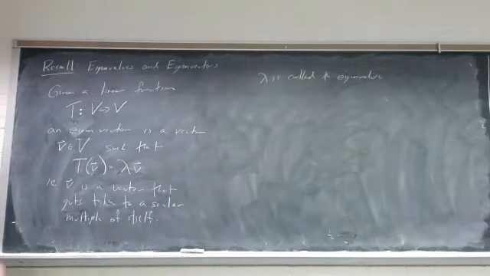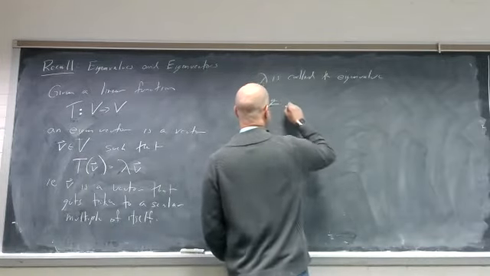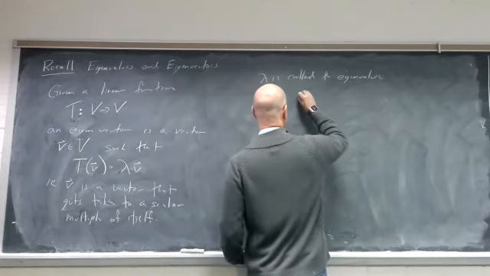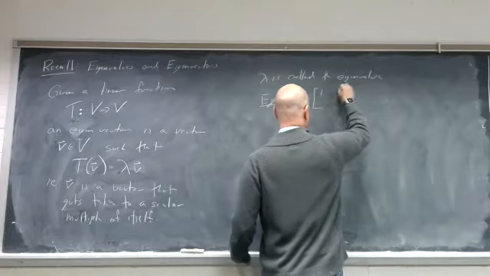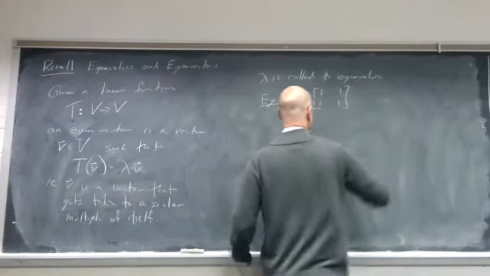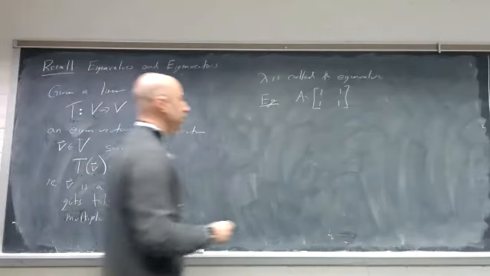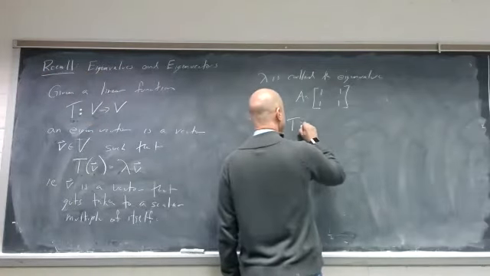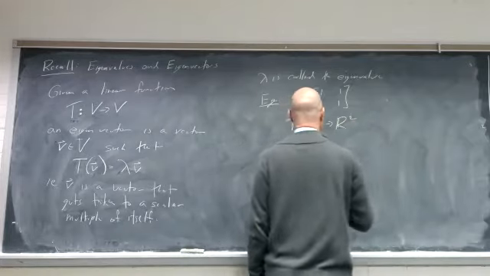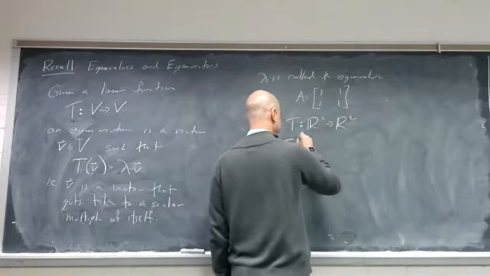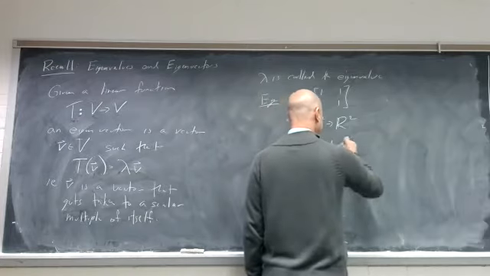So for example, we've seen a bunch of examples like this. Let's say A is the matrix 1, 1, 1, 1. And T colon goes from R2 to R2 by T of x is just A times x.